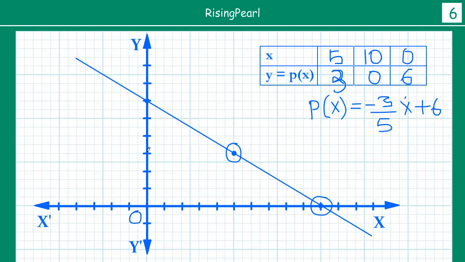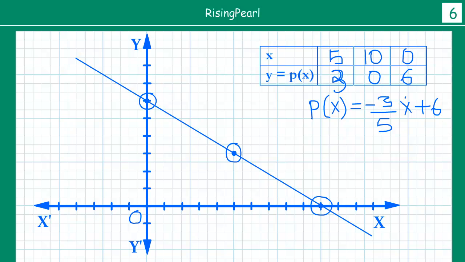So 1, 2, 3, 4, 5, 6. And then we have joined the 3 points. So again, friends, here what we have seen is for this linear polynomial, p(x) equals minus 3 by 5 x plus 6, we are getting a straight line.